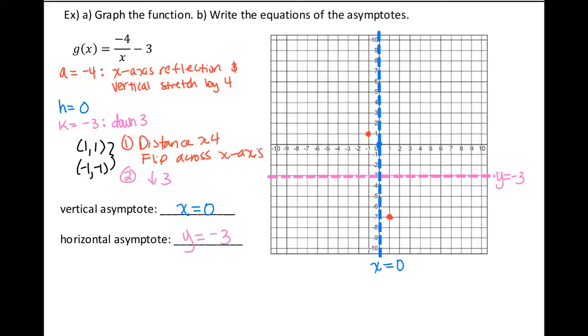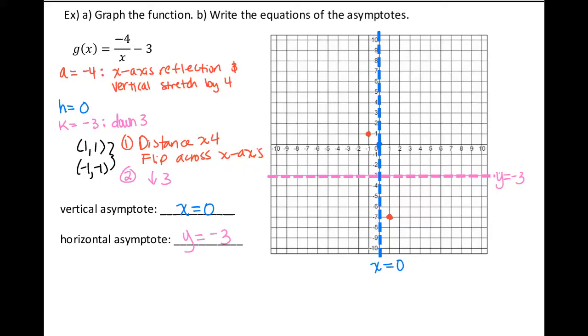And then double check the distance from the asymptotes. So from this line to the dot, I have a distance of 1, 2, 3, 4. And from this dot is a distance of 1, 2, 3, 4. So this should always be the same on both sides, and they should be diagonal from each other, okay?